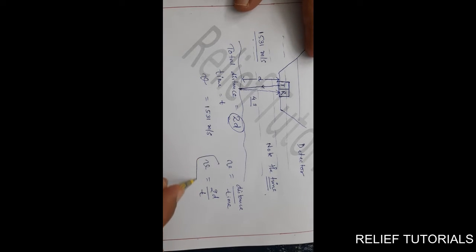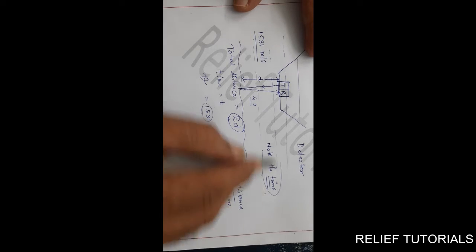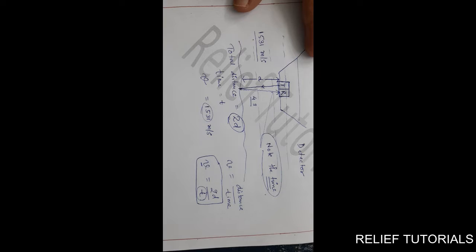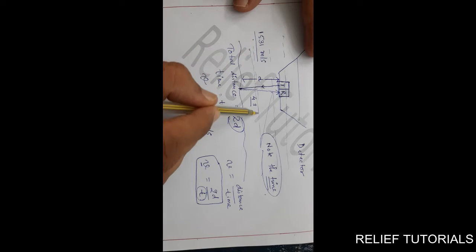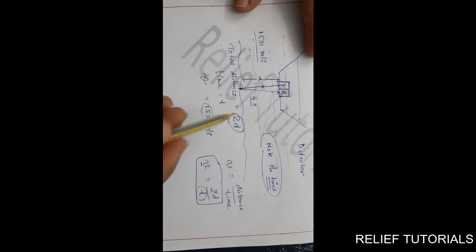Out of these terms, which one is missing? See, v is fixed as 1531 meter per second. T, the time, will be noted by the device. Sometimes the bottom is not so deep, so the time will be less.